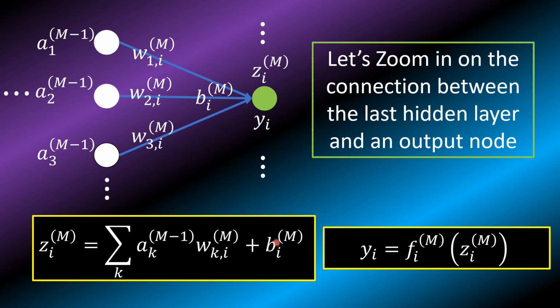That is going to be the signal that this neuron experiences, and then y sub i is going to be the activation of this neuron, which is the output. So y sub i is going to be a function, specifically the function for the ith neuron in the output layer, m, a function of z sub i superscript m.